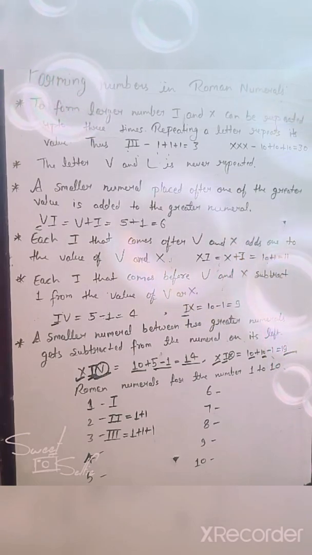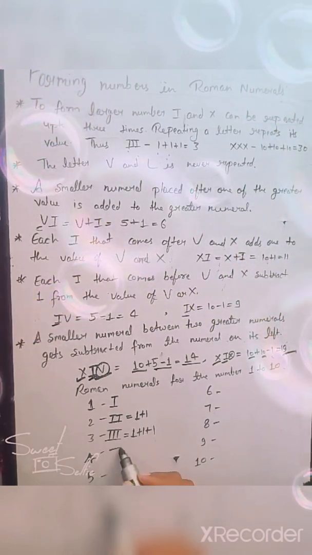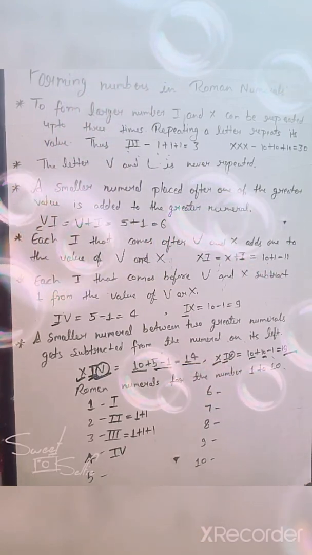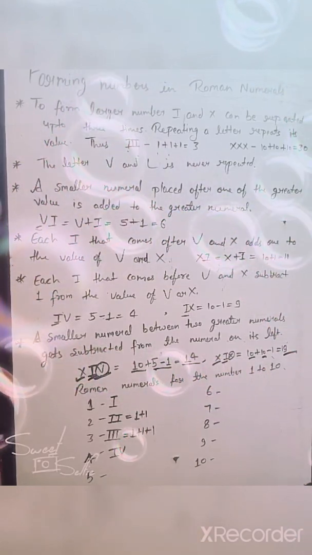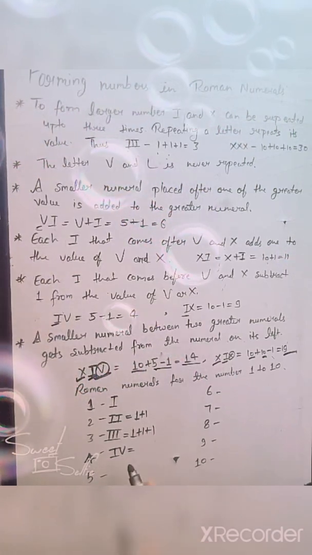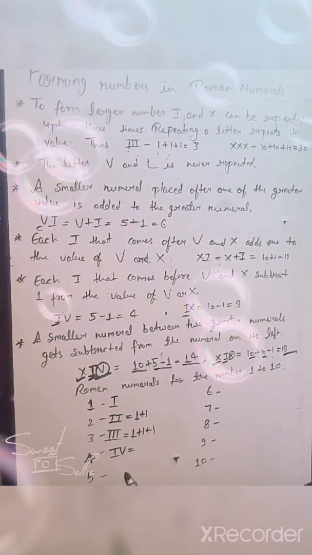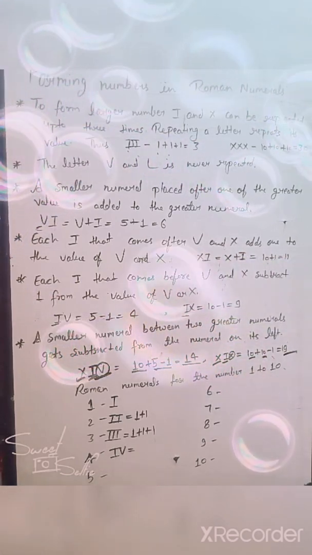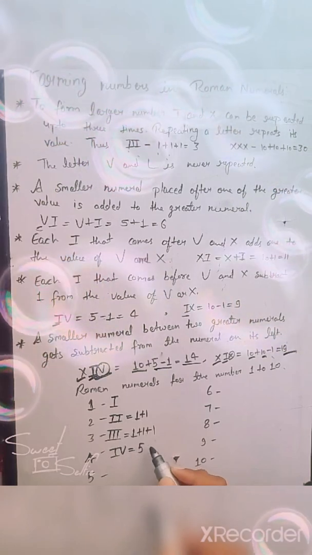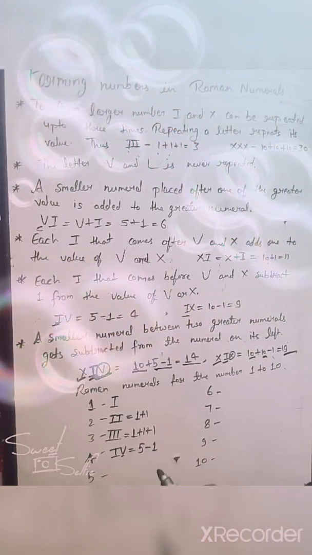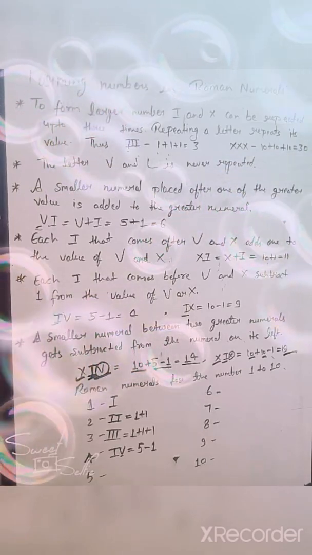We should write I before V, because according to the rule, when we write I before V, the value of I will be subtracted from V, means 5 minus 1, because V value is 5 and I value is 1. So 5 minus 1 is equal to 4.